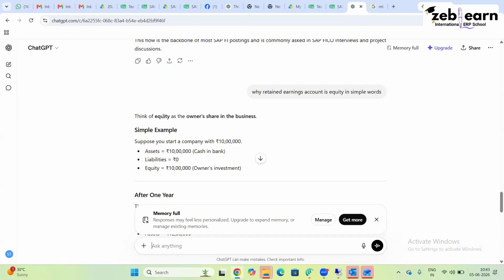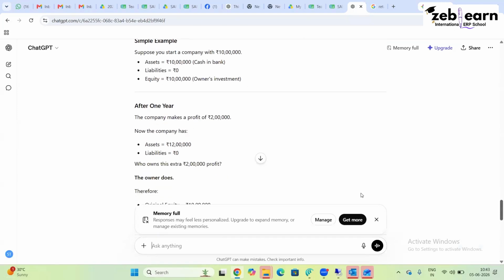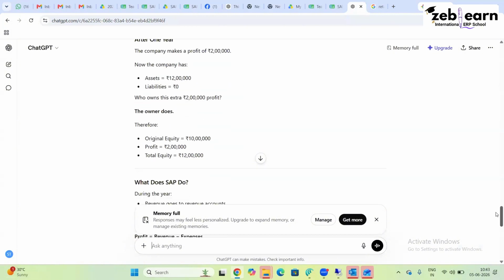Okay, thank you. Think of equity as the owner's share in the business. Simple example: suppose you start a company with 10 lakh, assets are 10 lakh, liability is 0. Equity is 10 lakh, that is the owner's investment. Clear? After 1 year, the company makes a profit of 2 lakh. Now the company has assets of 12 lakh, liability is 0. Who owns this extra 2 lakh profit? The owner does. Therefore, original equity is 10 lakh, profit is 2 lakh, total equity is 12 lakh.